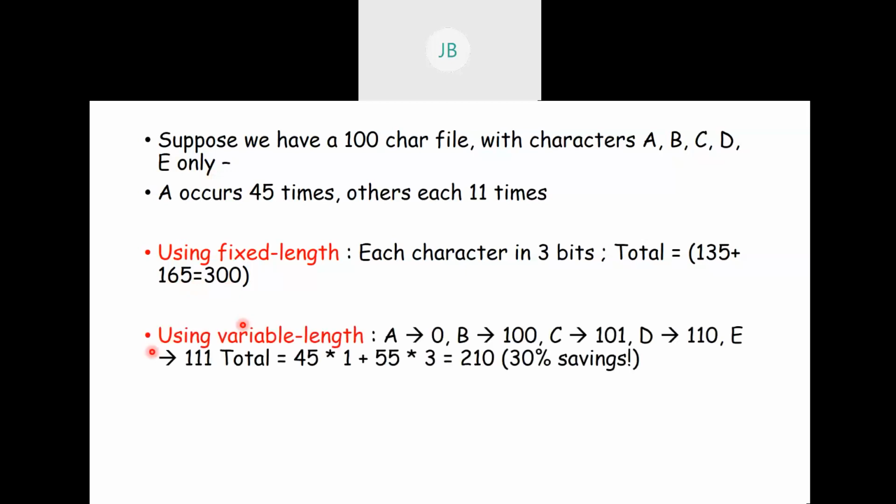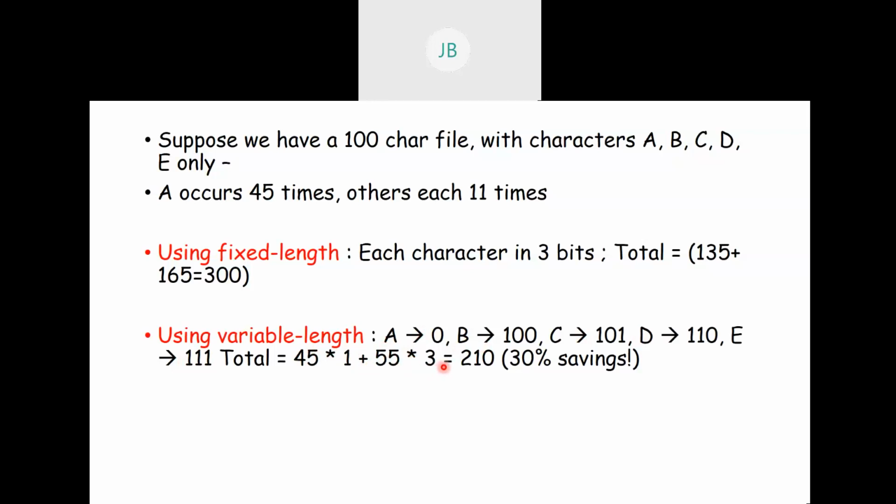In case we use variable length coding, for instance A is represented as 0, B as 100, C as 101, D as 110, and E as 111, then how many bits do we need? A is represented by just 1 bit and it appears 45 times. The remaining 55 times the other characters appear, and each one, B, C, D, and E, is represented with 3 bits.